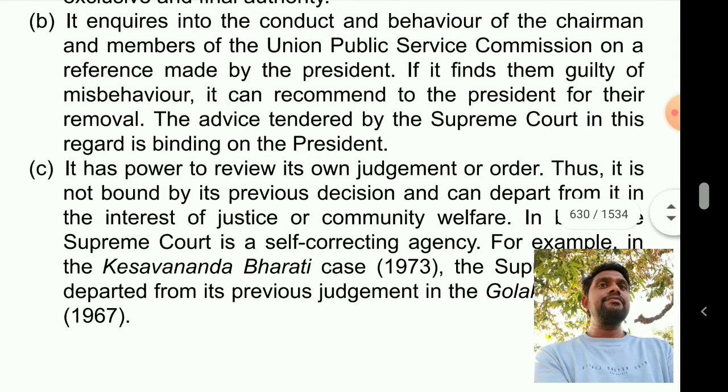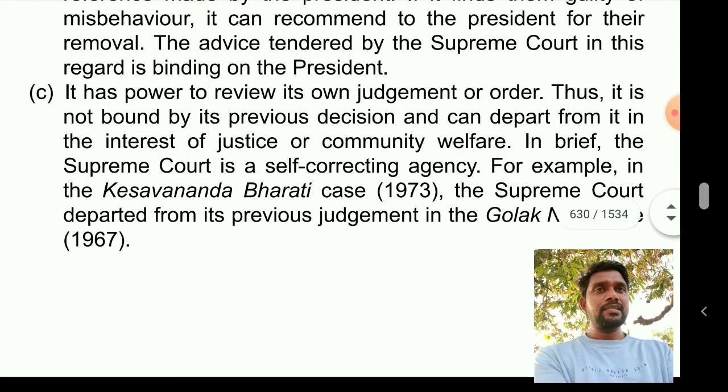B. It inquires into the conduct and behavior of the chairman and members of the Union Public Service Commission on a reference made by the president. If it finds them guilty of misbehavior, it can recommend to the president for their removal. The advice tendered by the Supreme Court in this regard is binding on the president.